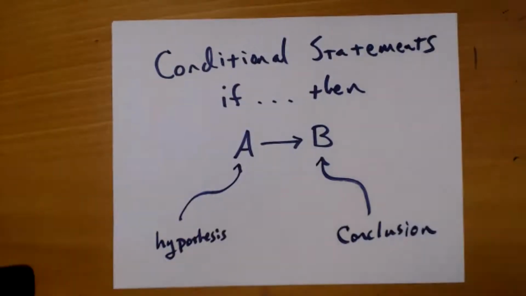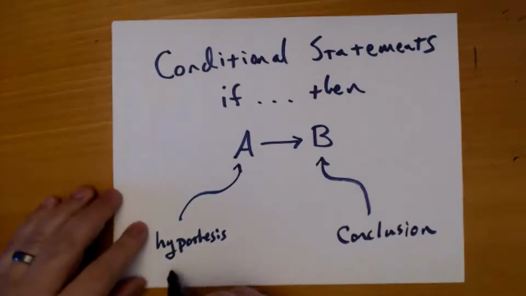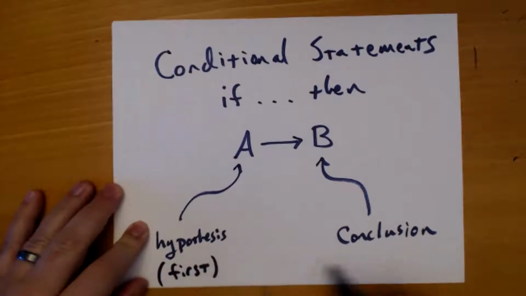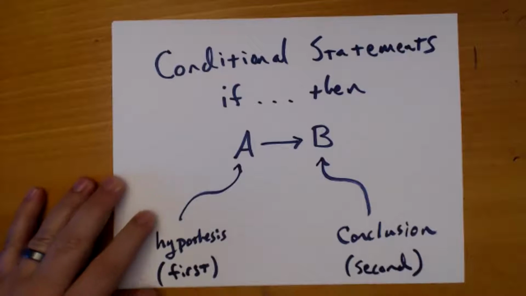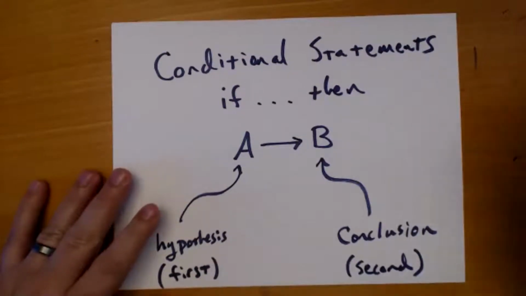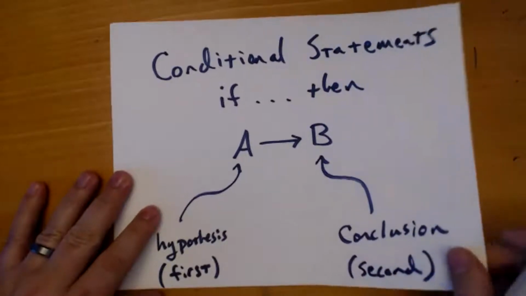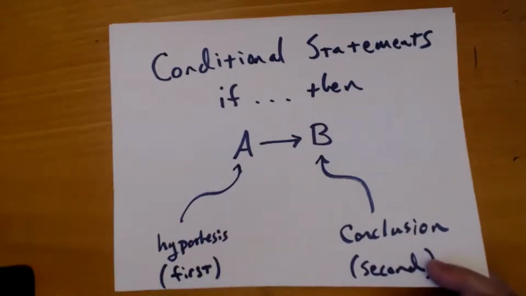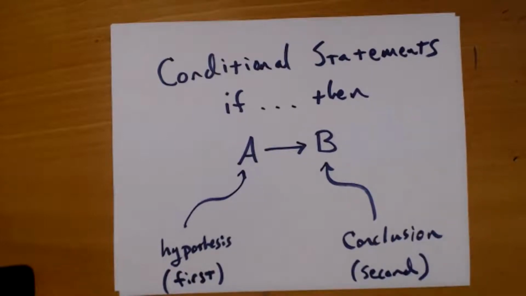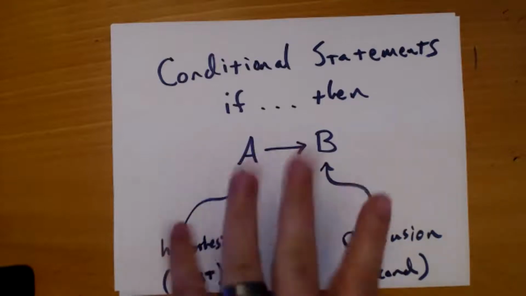This happens first, and then this happens second. Now, this was one of the things that we were doing yesterday, but what we're going to be doing today is talking about sentences that start this way, and then we do things to them.